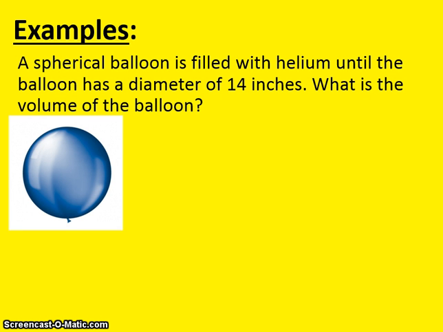A spherical balloon is filled with helium until the balloon has a diameter of 14 inches. What is the volume of the balloon? So we're saying that from one side of the balloon straight through the center to the other is 14 inches. Now return to your formula sheet, or go back in the video.